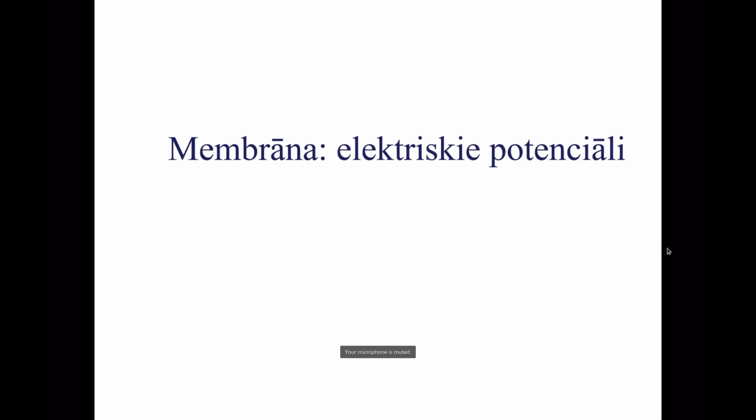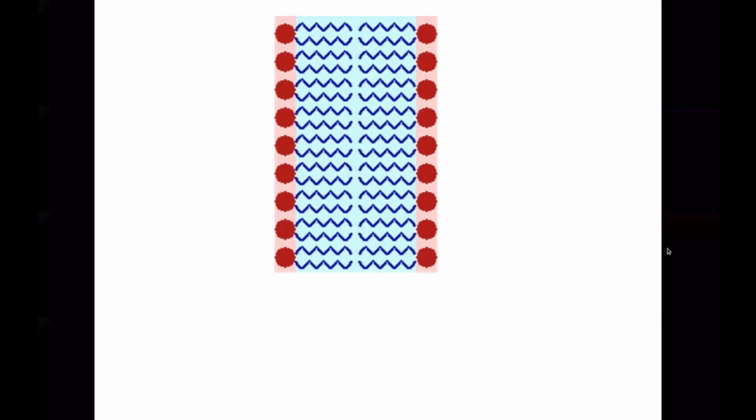We have already spoken about the electrical potentials that are applied to the membrane. However, have a look. Now, this is a membrane that is located in some liquid with some concentration of ions here and here.